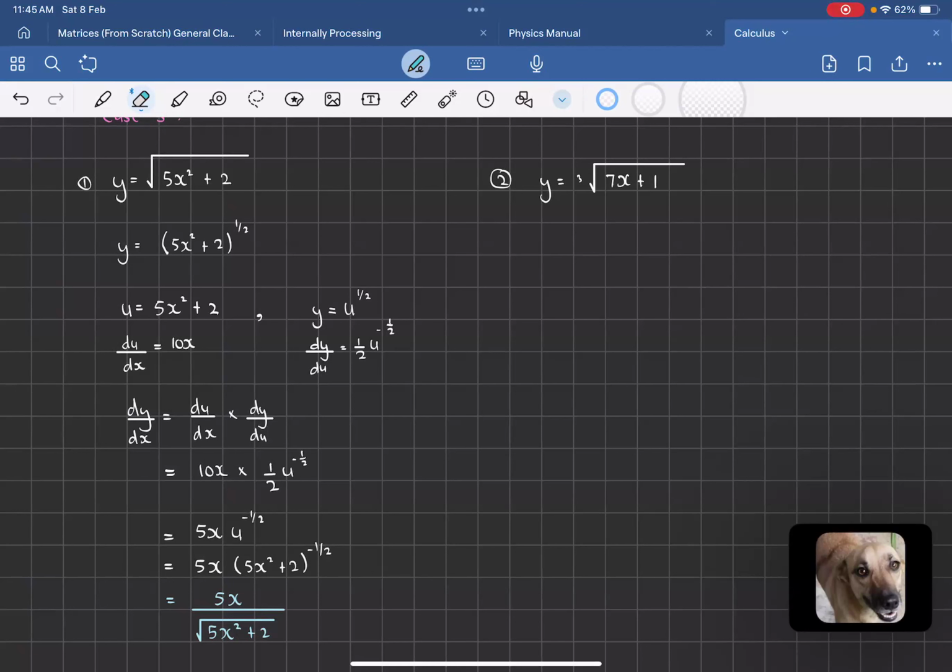Now they don't have to bring cube roots, they can bring things like 4 over 3, 7 over 9, all kinds of things. They can really do whatever they want. Very good.